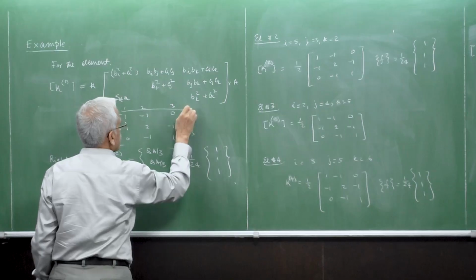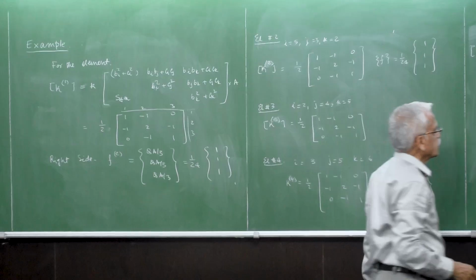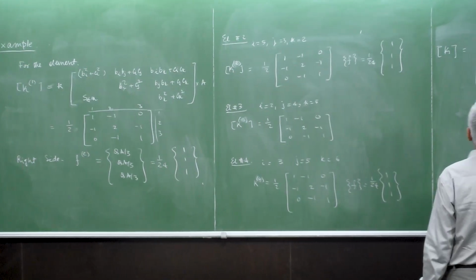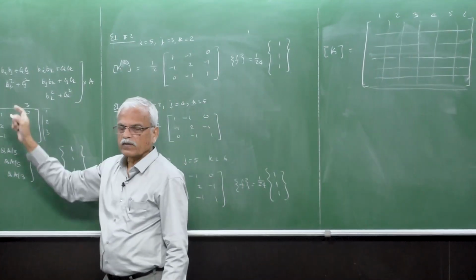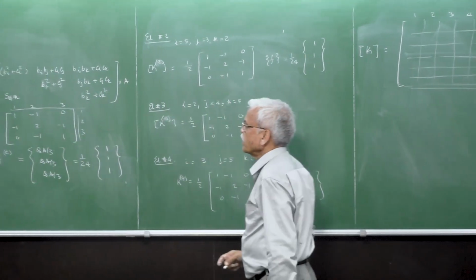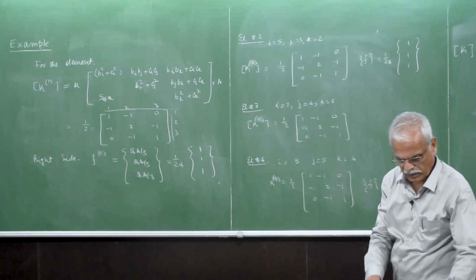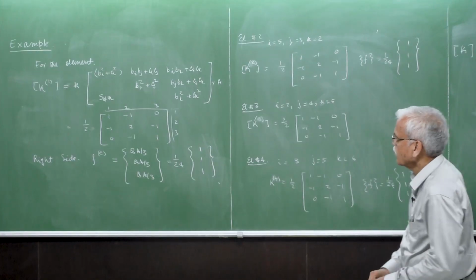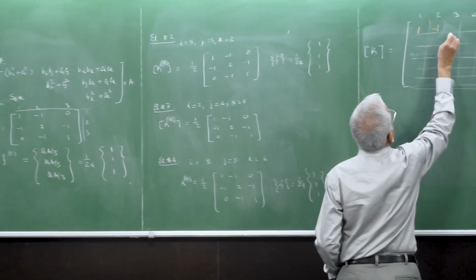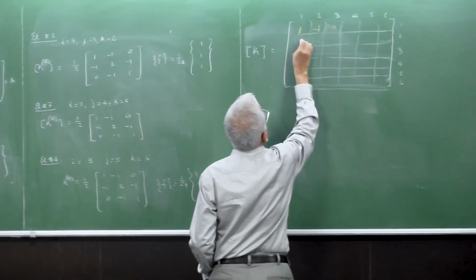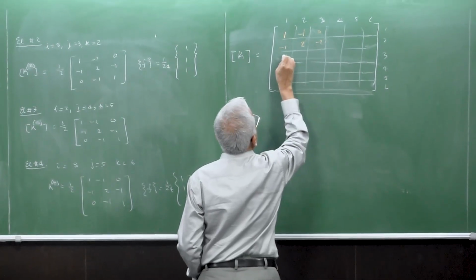So these go to the appropriate place here. Node 1, 2, 3 will go to 1, 1, 1, 2, 1, 3. So they go like this: 1, minus 1 and 0 here, and minus 1, 2, minus 1.